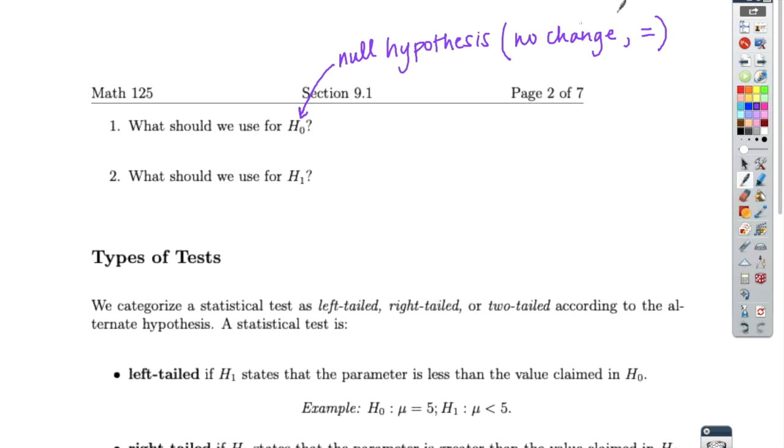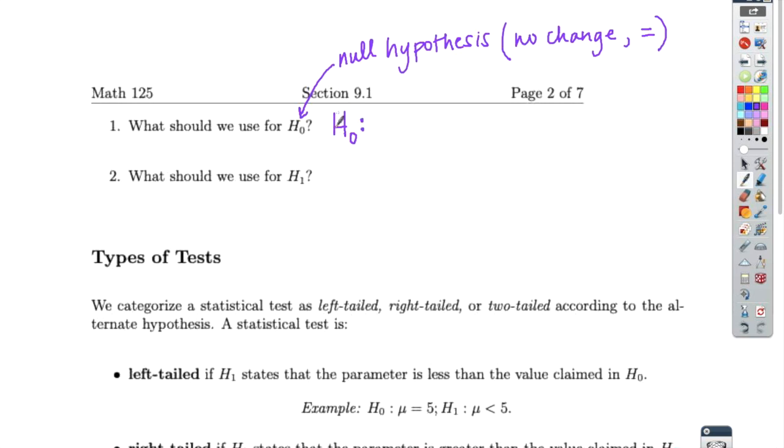So there's no change, and we just say the mean equals something. So our null hypothesis is going to look like this. The notation is something to get used to here. We'll say H and then little subscript 0, so H naught, and then you put a colon. It always starts like this, H naught colon.